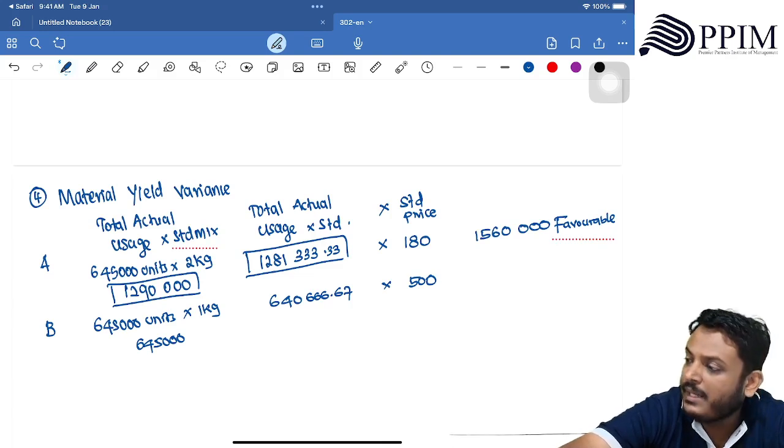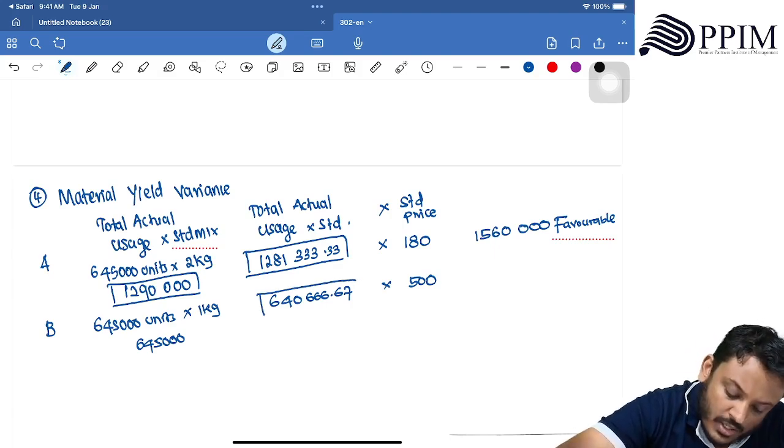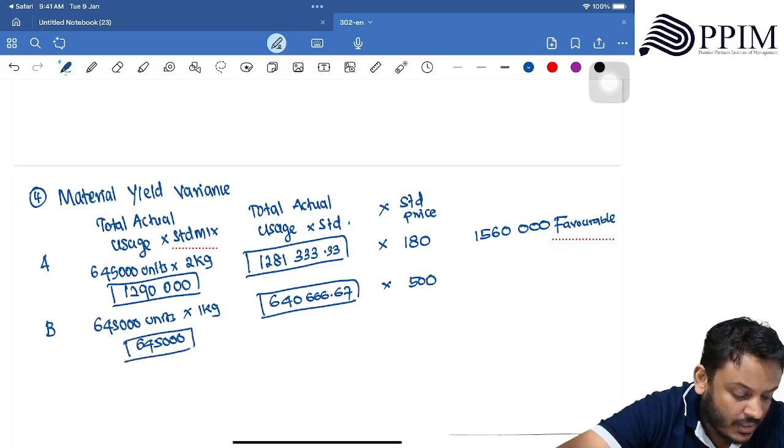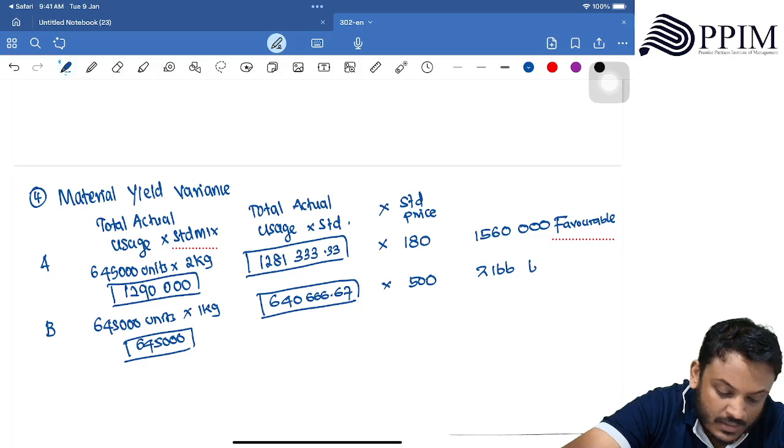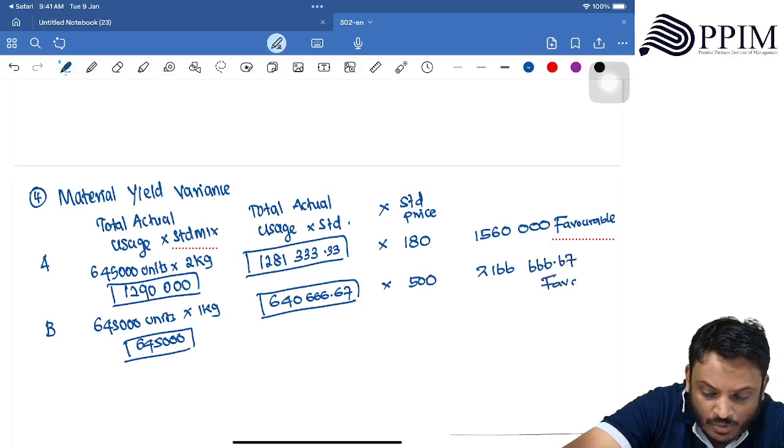Technically less material yield here. And also 640,000, 645,000 here multiplied by 500, 2,166,666.67. That is also favorable.